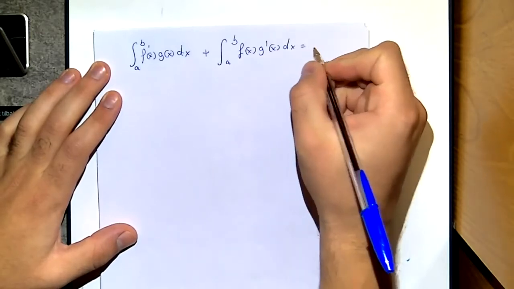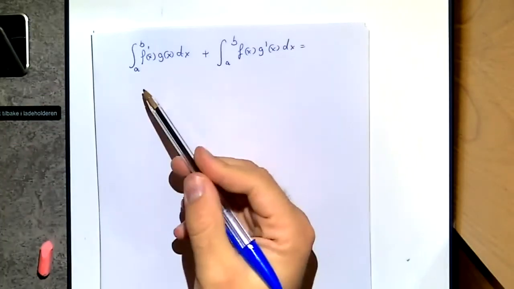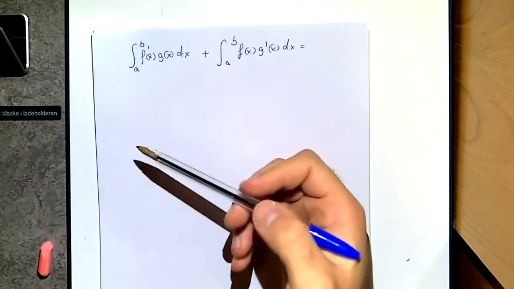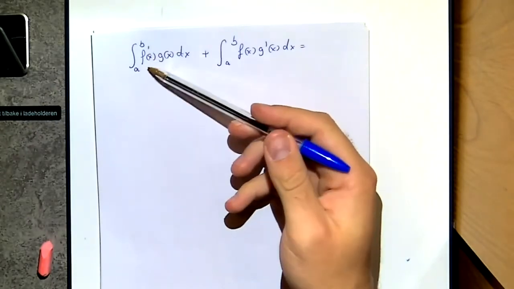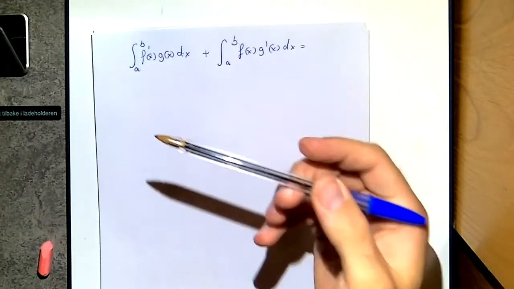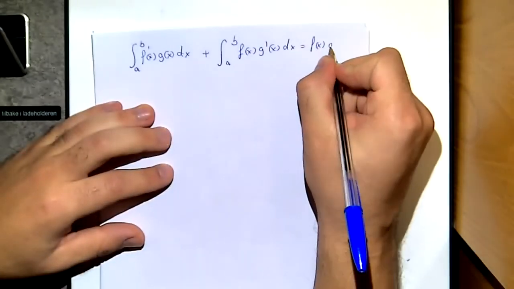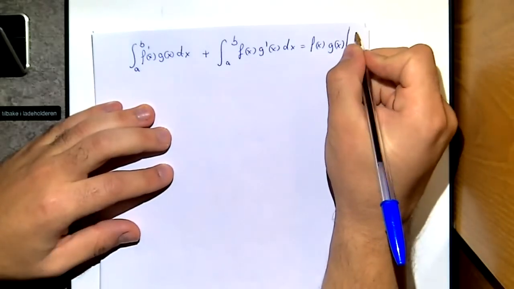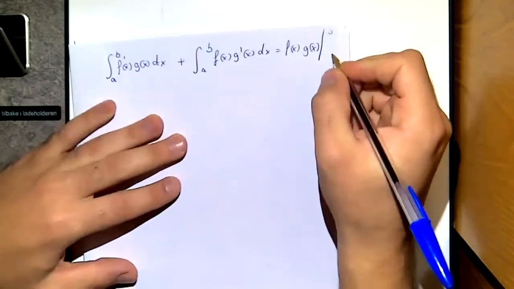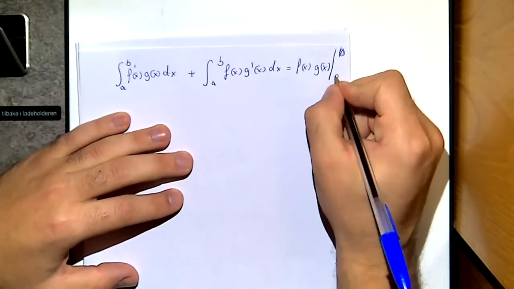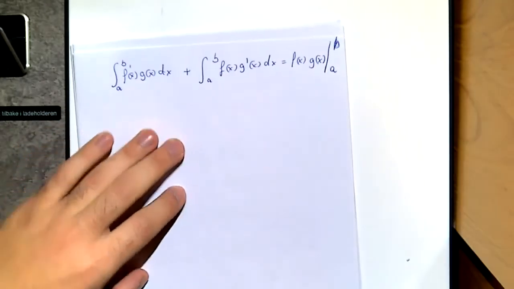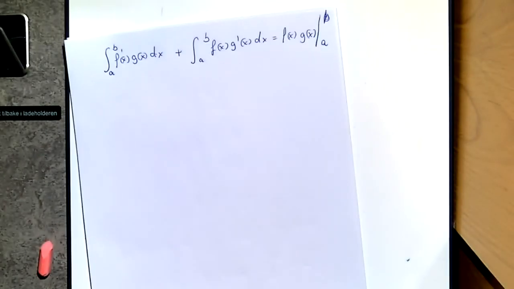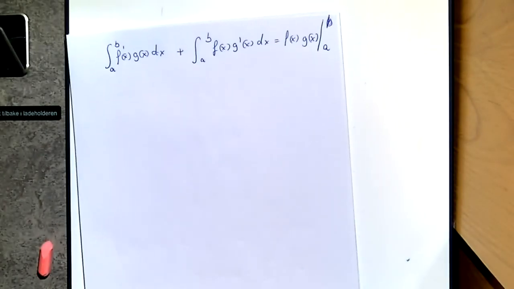The only noticeable difference, outside of the a and b from the definite integral being carried across, is that on the right side where we have f of x g of x, it is between a and b. That is the only difference. Everything else works the same.